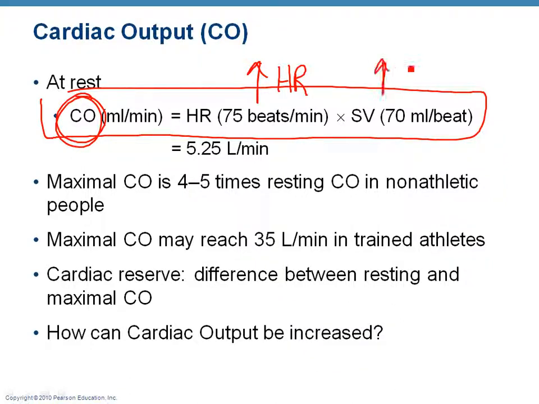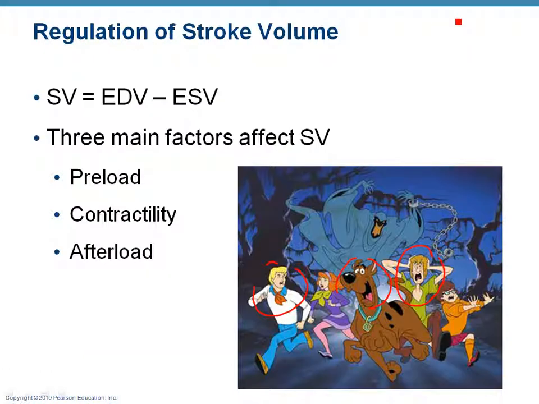However, also, if you increase your stroke volume, is there a way to squeeze more blood out of the ventricles with each heartbeat? If you can increase that, you will increase your cardiac output. The reality is both of these things are very important, and both of them tend to happen at the same time when we need to increase our cardiac output.